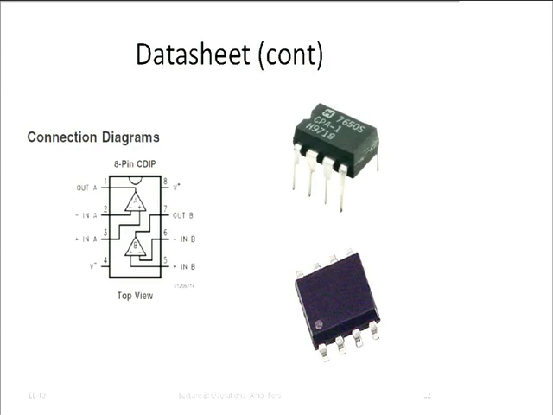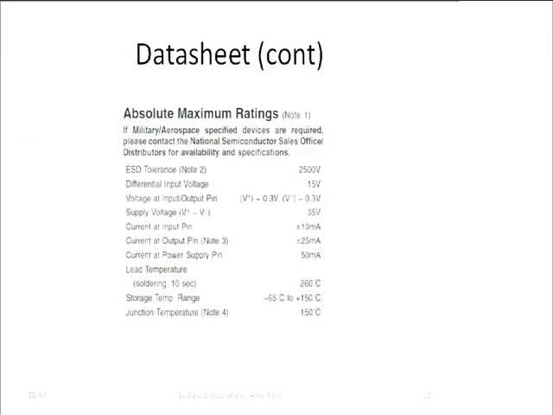All right, so then in the data sheet, they also tell you always about maximum ratings. For example, you cannot expose it to 2,500 volts, but an ESD discharge of 2,500 volts actually would not destroy the part. What else do we have?